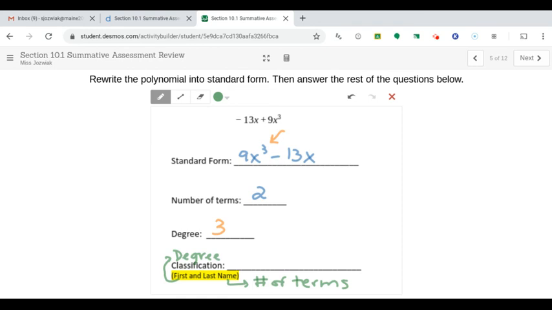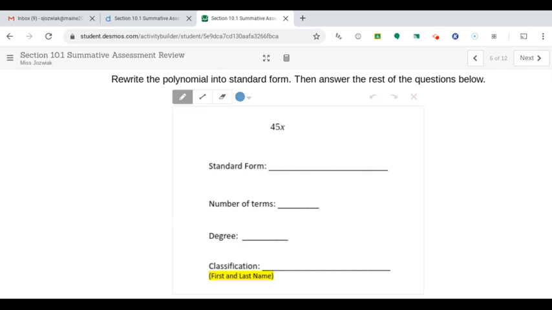In this case, the degree was 3, and so we know that that is a cubic polynomial. And then the last name is always the number of terms, and we were given 2 terms in this one, so this is a binomial. So when we look at the first and the last name, this is a cubic binomial.